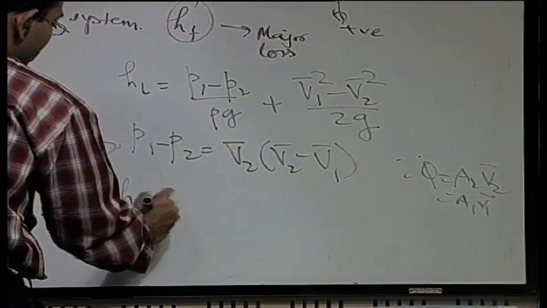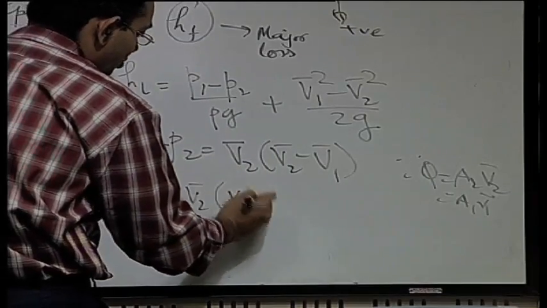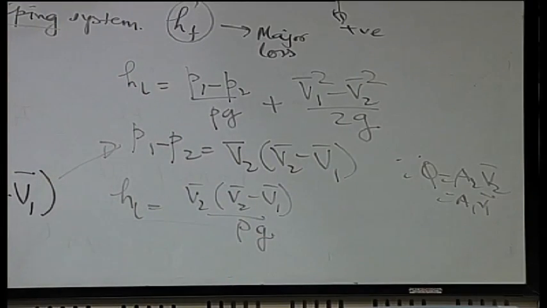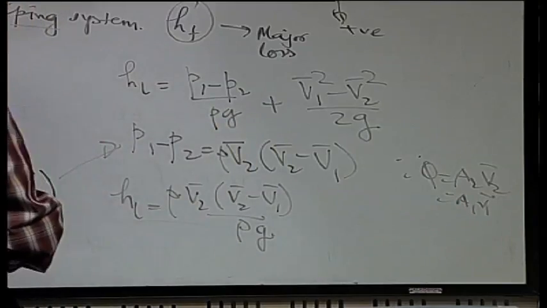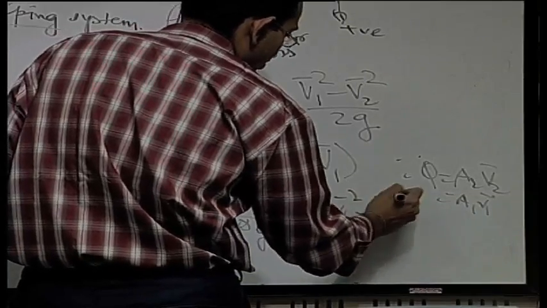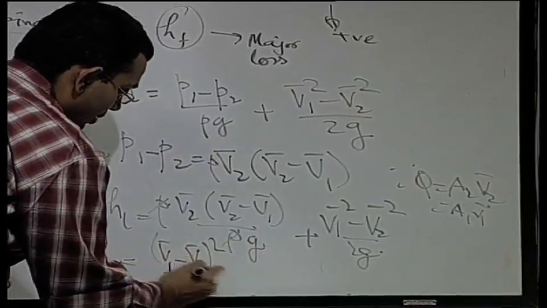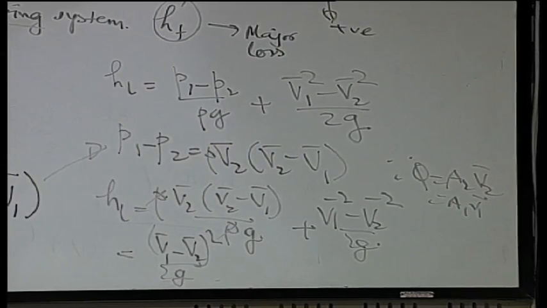Then you can substitute: HL equals, in place of P1 minus P2, V2 into V2 minus V1 by g, since rho gets cancelled out, plus V1 square minus V2 square by 2g. If you simplify this, it will be V1 minus V2 whole square by 2g. You can clearly see that, just one step.